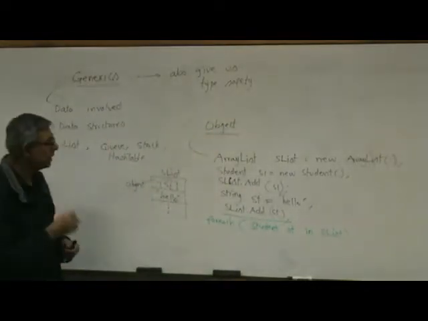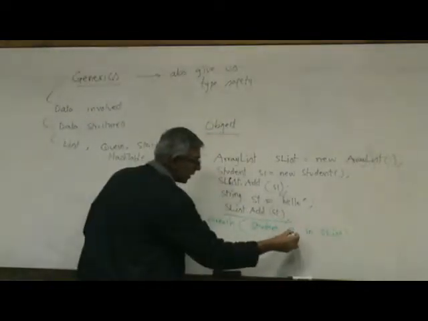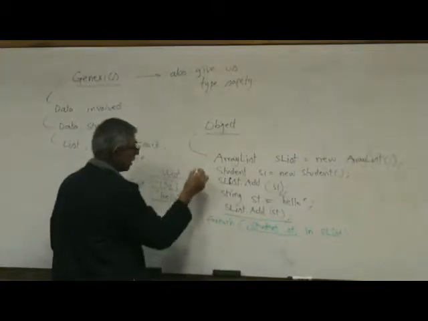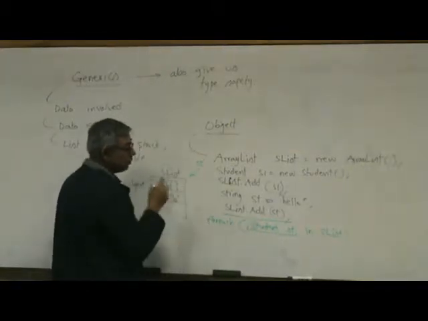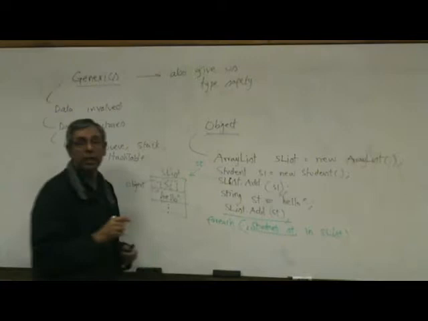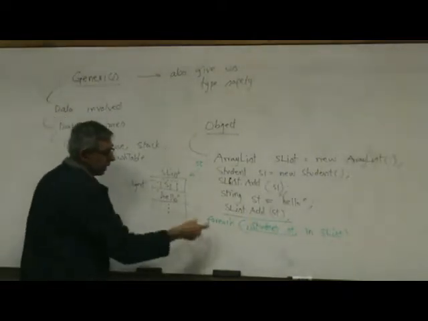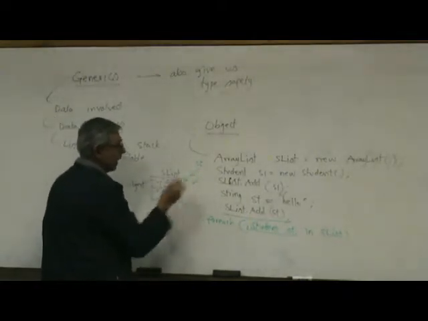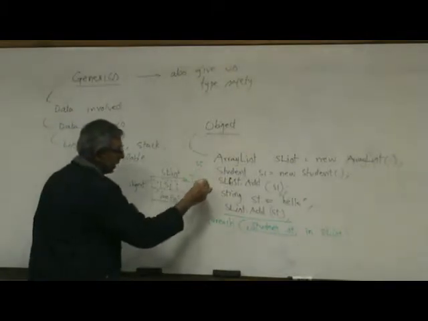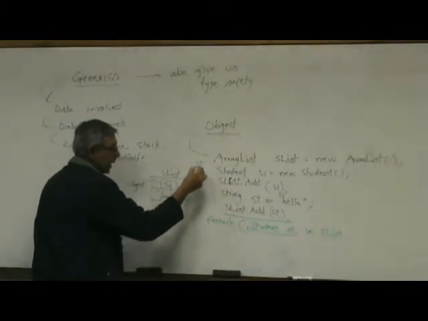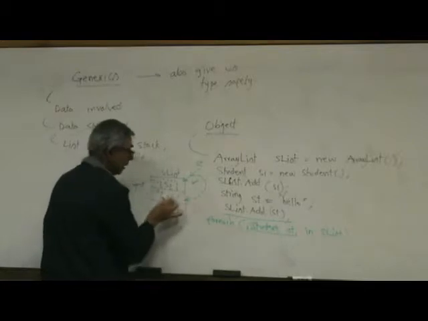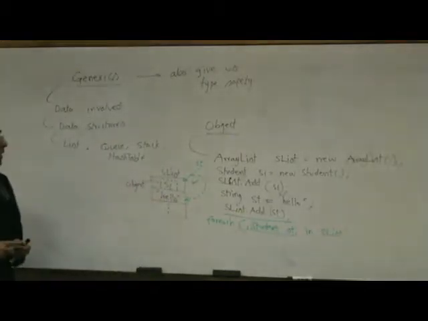No. The reason it will not work is, think of it this way: Student st is a reference capable of pointing only to a student. Very first time through the loop, sure, this will be okay. But second time through the loop, can st, which is of type student, point to a string? No, so that's when it will generate the runtime error, right?